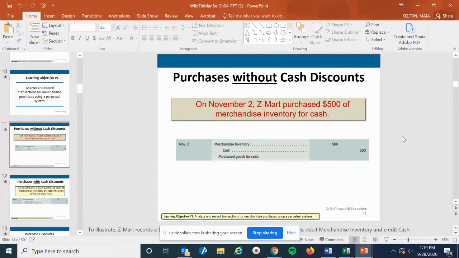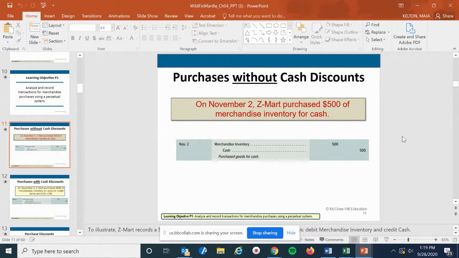Discounts are offered for multiple reasons. The seller of inventory might offer a discount to the buyer of inventory if they purchase a lot of inventory. So we call that a quantity discount. There may be a discount offered if the buyer of inventory pays cash.